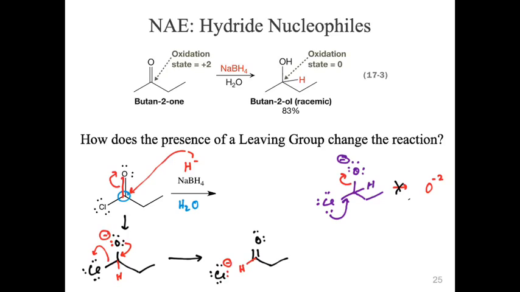What else could we kick out? The hydrogen. That would be H minus. Is H minus stable? No, it is at least going into a system that was already there, so that's a possibility, but that's not particularly stable. Okay? Or we could have kicked out carbon. Are any of those three good leaving groups?